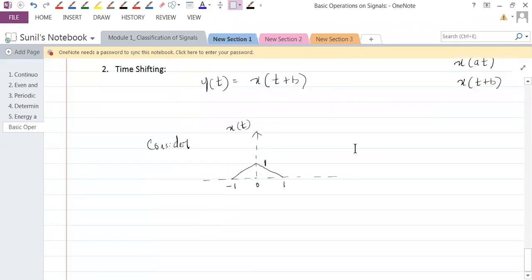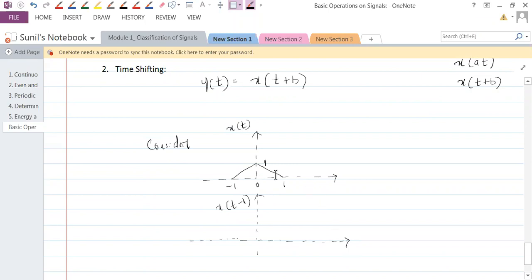Now everybody just look at this and tell me what should happen to x of t minus 1 if I do. Can anybody comment on this? X of t ranges from -1 to 1. Where do you think x of t minus 1 should range from?